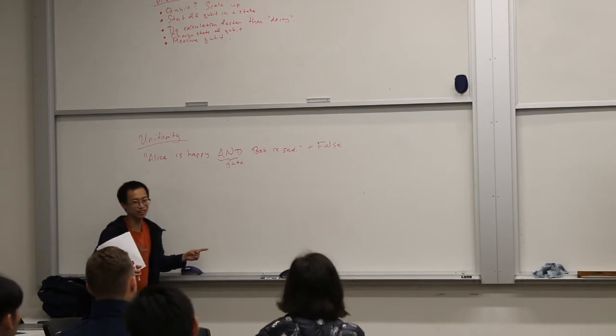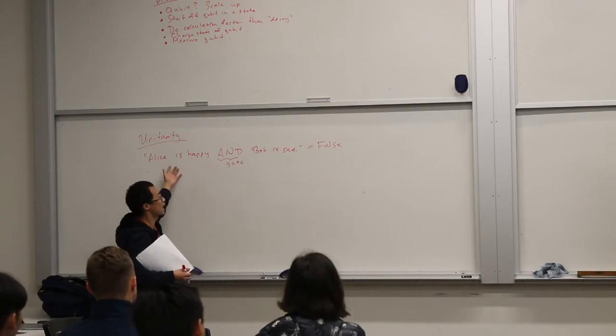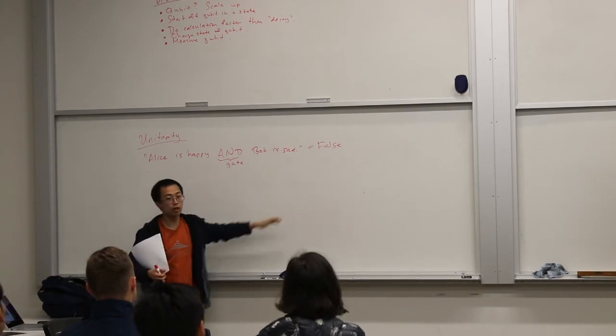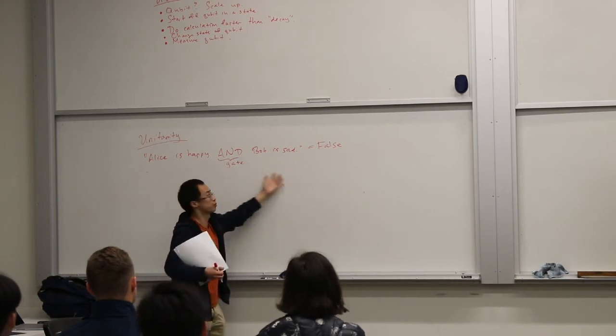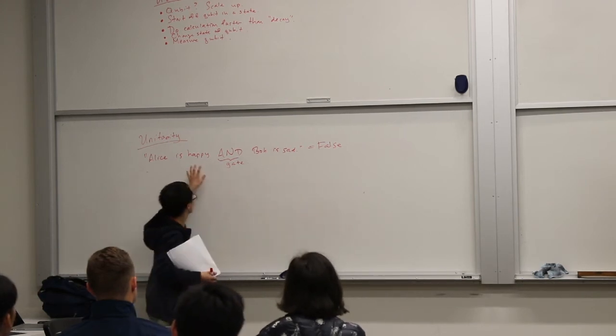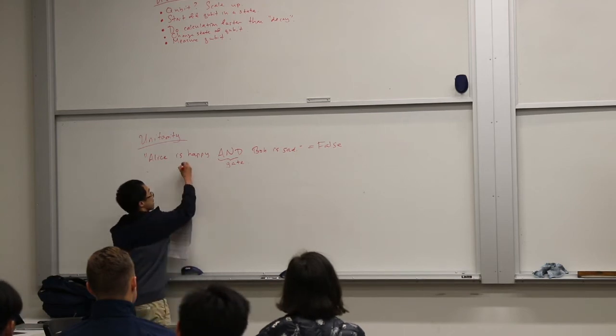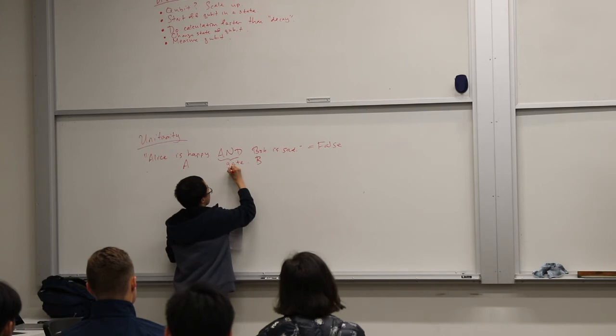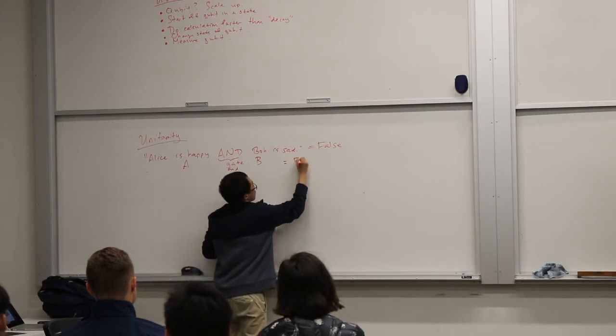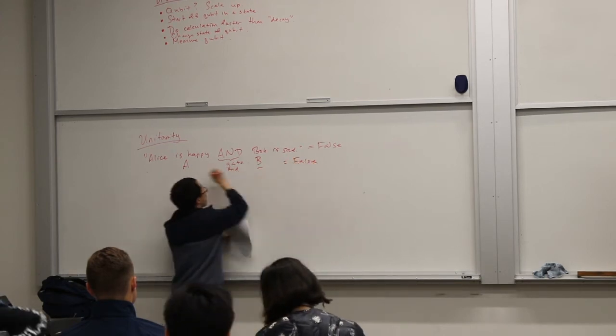No, you can't. Because it could be the case that Alice is sad, in which case this would be false. But she could also be happy, but then Bob could be happy also, and this could also be false. You can't figure out what the individual things were that went into this gate. If this was A, and this was B, and this was "and," then you get false. You can't tease back out what A and B are.